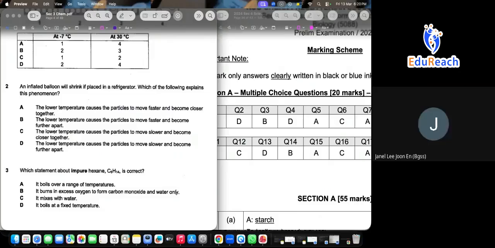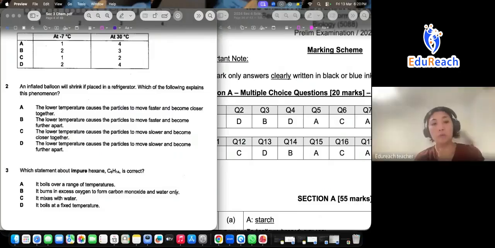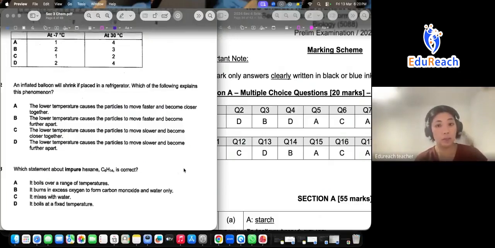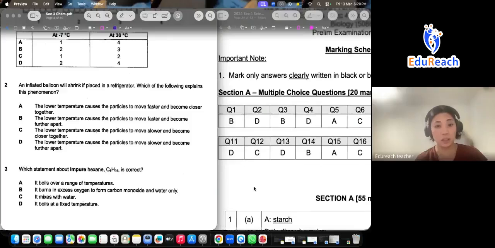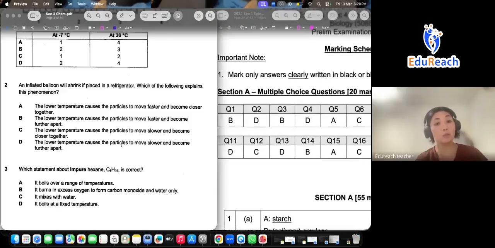The volume decreases. So the particles will be further apart or closer together for it to occupy less volume? Closer. So how come then the answer is D? Because lower temperature causes the particles to move slower and become further apart.